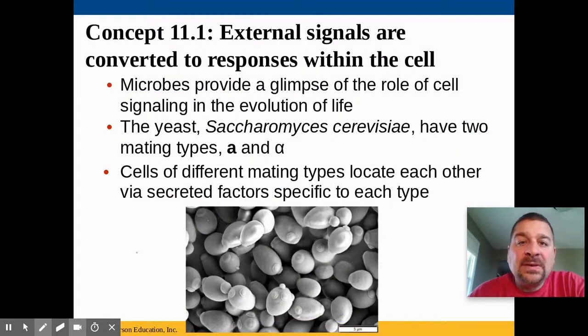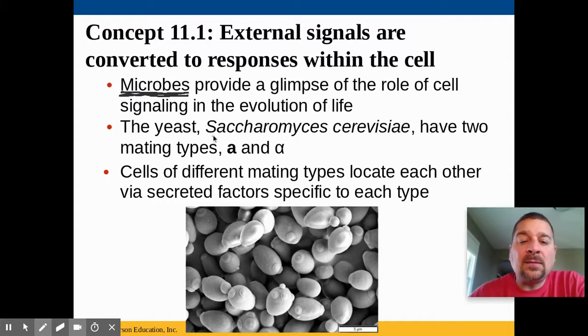In the first section of the chapter, we talk about an overview. External signals are converted to responses within the cell. So something is released by a cell, which causes a change in other cells. And in order to study this back in the 70s, we first started with microbes. Microbes, single-celled, tend to be simpler, and it gave us something to research to begin understanding how this happens.